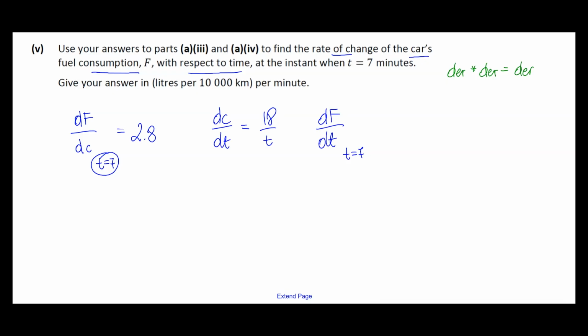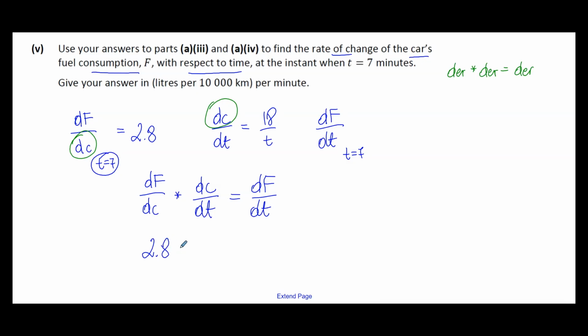So how do we build that derivative? Well, the two values that are on the top and the bottom of the fraction, those are the two derivatives that will be multiplied by each other. So two derivatives multiply, and that equals the third derivative. So in our case, we have the number here 2.8, now we have here 18 over, and normally we will have not plus, my apologies, multiply.